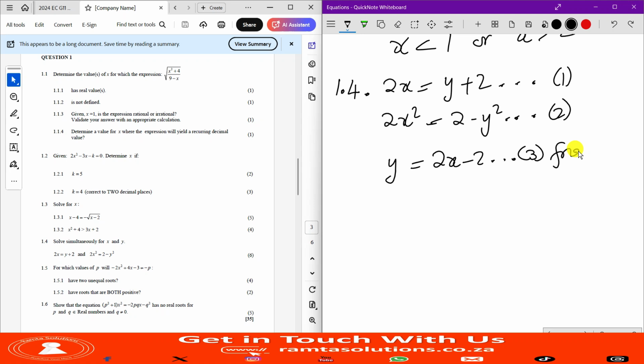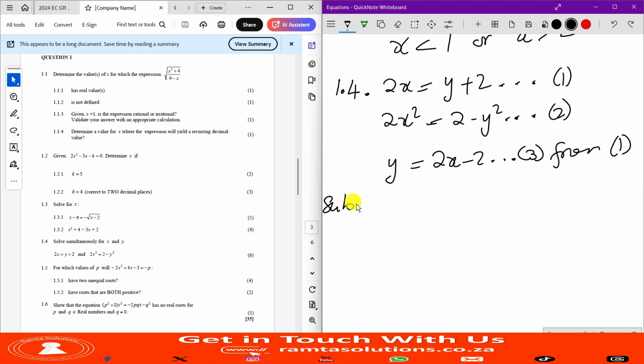I like saying from equation 1. The one that you didn't use to make equation 3, you need to substitute into it. In other words, on equation 2, where there's y, you will put 2x minus 2.